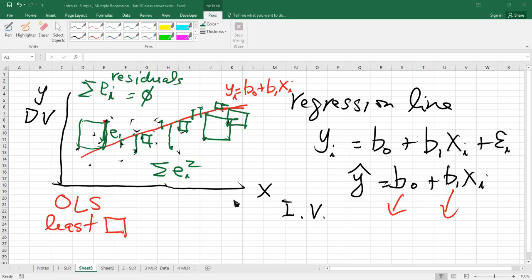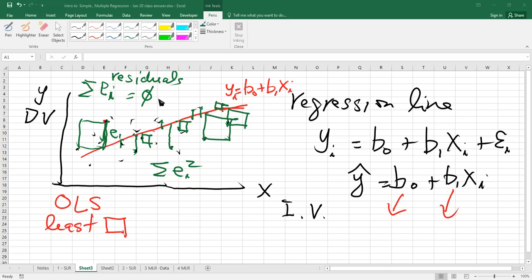Ibig sabihin, if you drop a line from your actual data point to your regression line, sabi natin, pag sinum up natin yung mga residuals na yan, kasi some of the residuals will be above, some will be below, pag sinum up natin yan, it will always be equal to 0. So we don't use the residuals in order to determine the regression line. Rather, we use the squared residuals. Okay, so i-square natin yan.